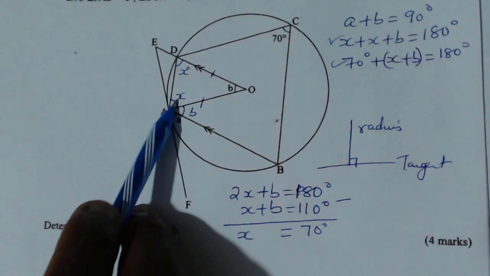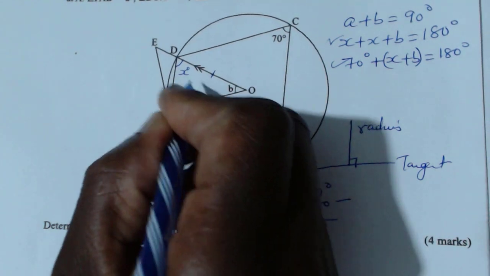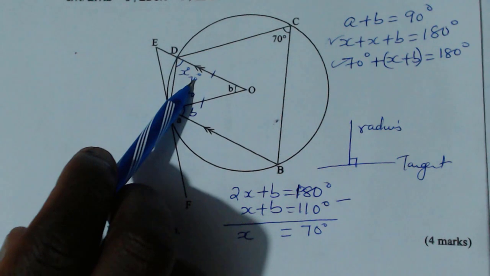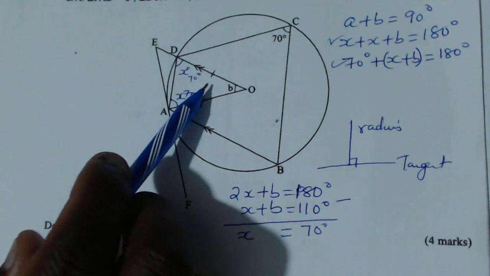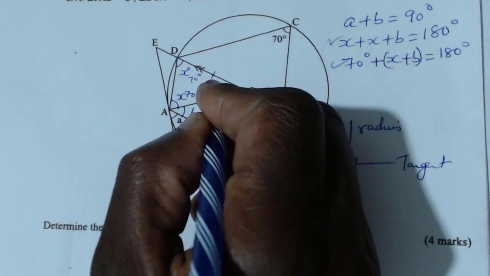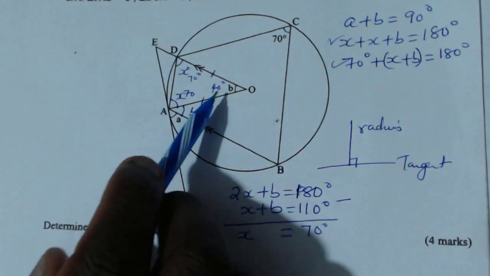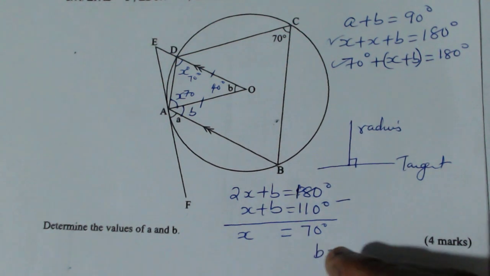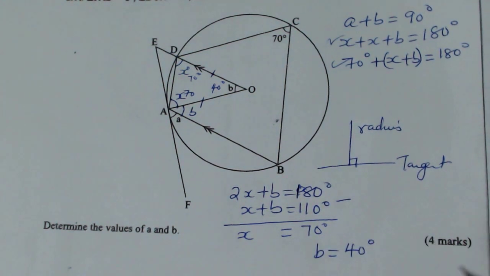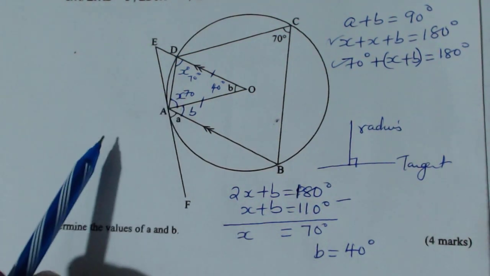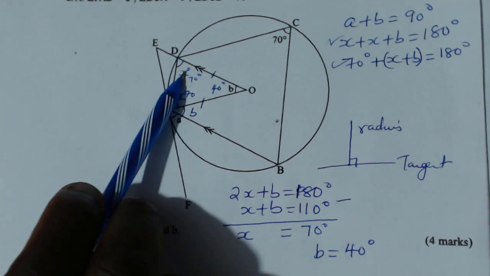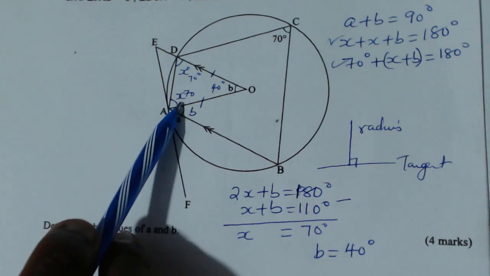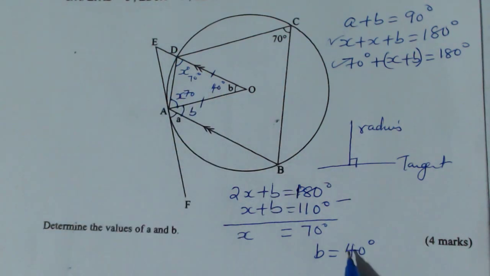So if this is 70, and this one is 70, that is 140. So what angle is remaining? 40 is remaining to make it 180, the sum of angles in a triangle. So already we have b is 40 degrees: 180 minus 140, you get 40 degrees.